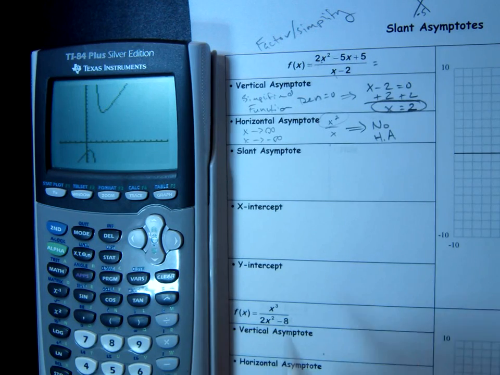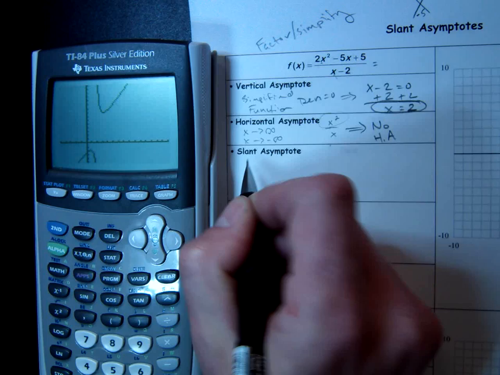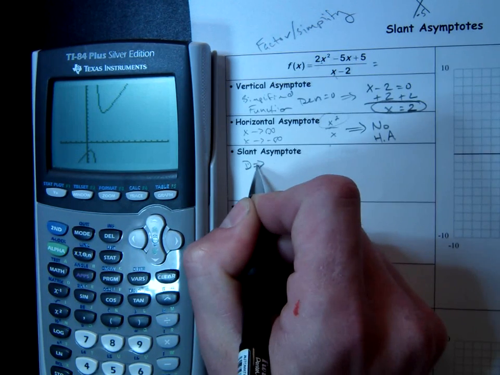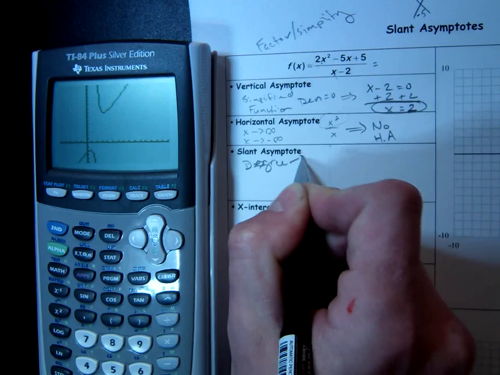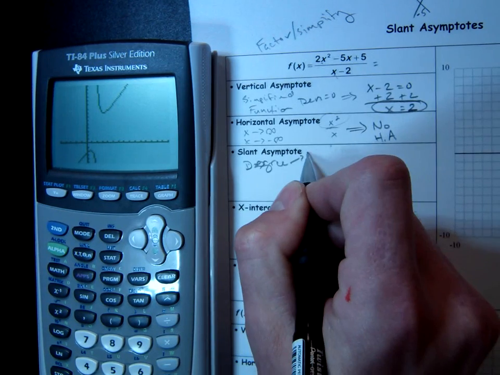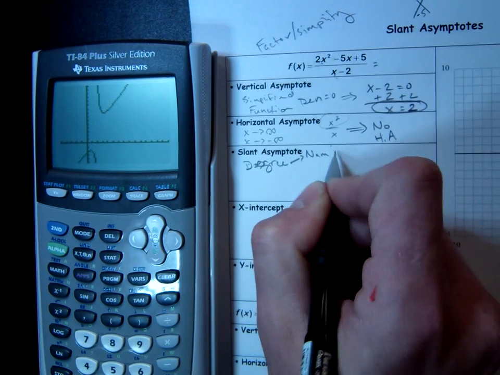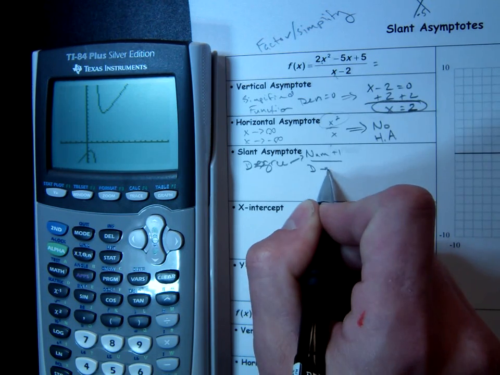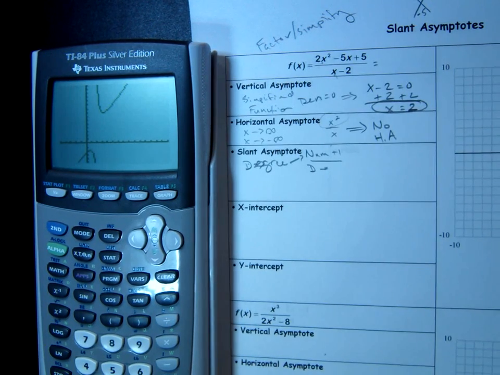So slant asymptote. Remember, a slant asymptote is when the degree of the numerator is 1 bigger than the degree of the denominator. You can use synthetic division, and this one we can use synthetic division.